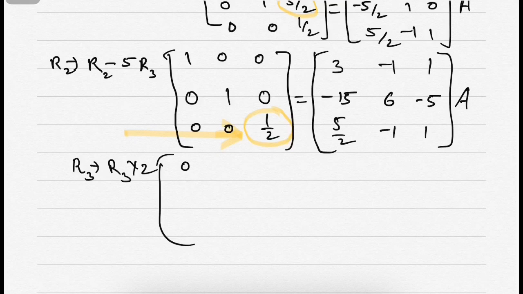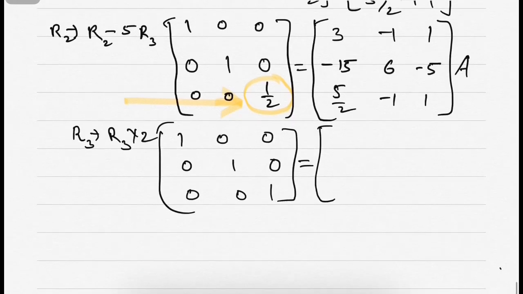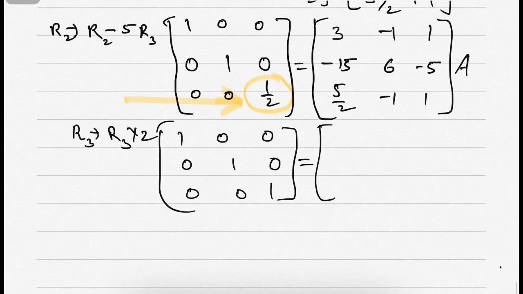The first row is 1, 0, 0. In the second row there is no change: 0, 1, 0. In the third row we are multiplying the whole row by 2: 0, 0, 1. Now the left hand side has become the identity matrix. The same operation will be done on the right hand side.